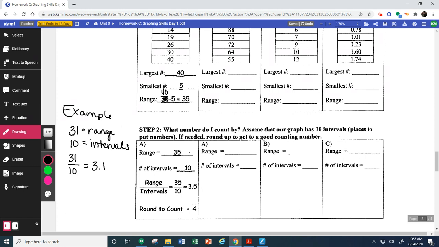So again, the issue here is we are determining what to count by. If you round down, you're going to end up losing part of your data. Not all of it will fit on your graph. So you always round up, even if the rounding rules don't make sense to do that. So just like the example here that we get 3.5 rounds to 4, you would still round this one to 4 as well. Again, what it does is it makes sure all of your data fits.